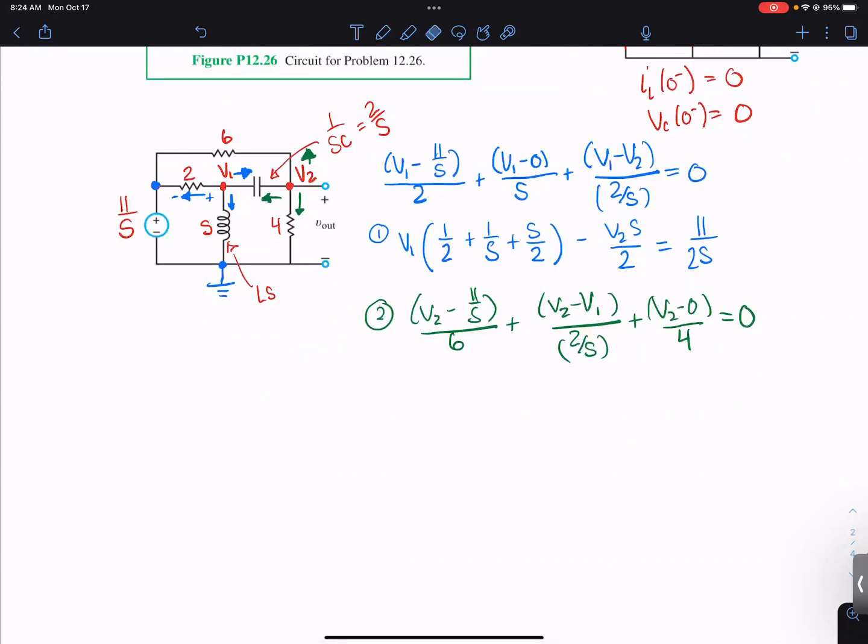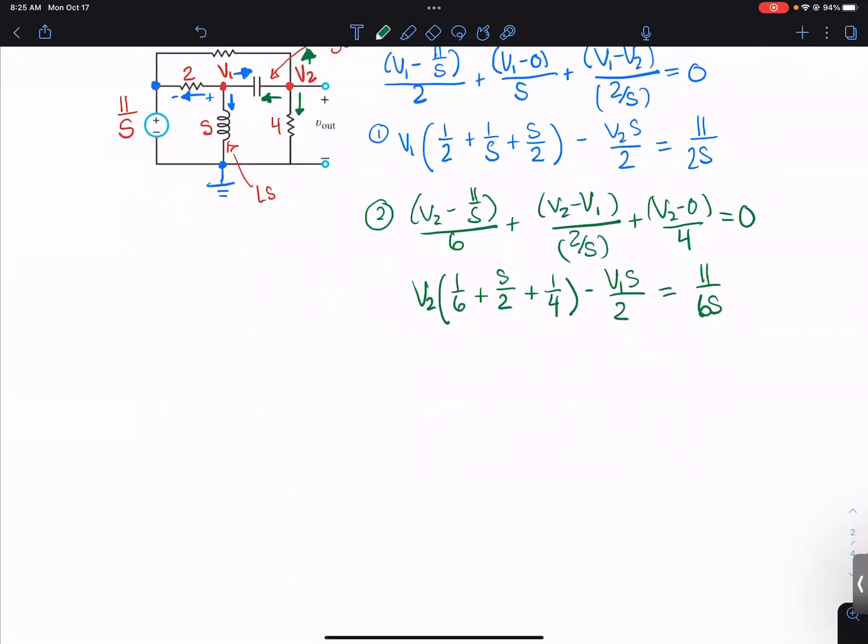All right, and then in this one I'm going to combine all the V2s. So I can solve this one for V1 and then plug in here.